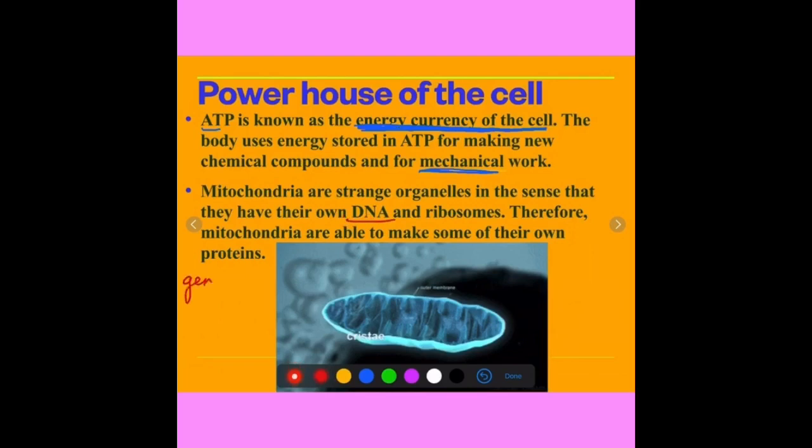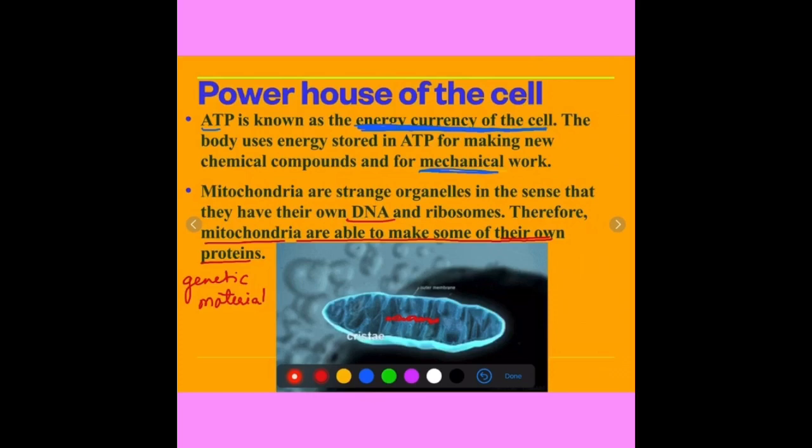So these mitochondria also have DNA inside them. So they can also perform some functions, and they have ribosomes. So they can make their own proteins. So it is sort of independent and autonomous.